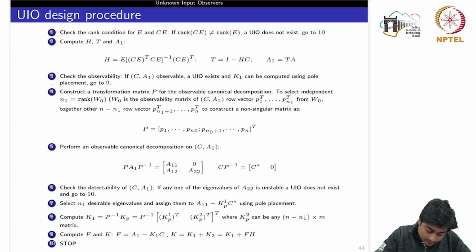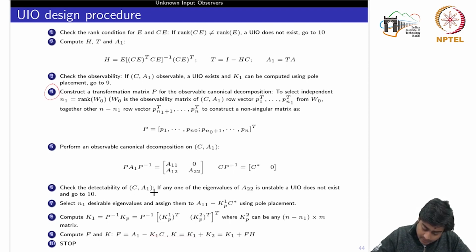Now this step 4 is basically the decomposition procedure if the pair A1, C is detectable, so that we can compute the transformation matrix P, and using that transformation matrix I can obtain the observable part of this unobservable system.